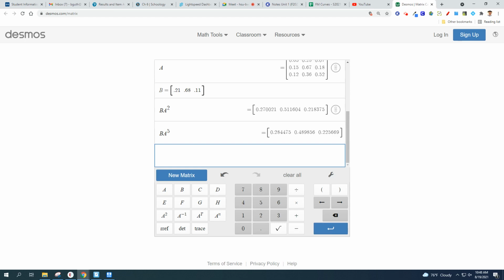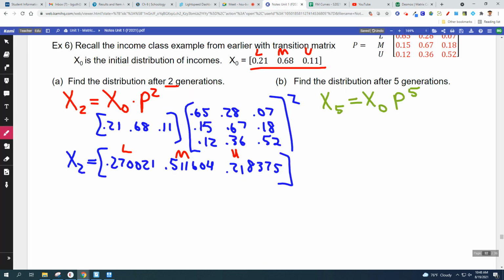Almost done. Let me finish up. I don't know if I'm going to have room, though. It was 0.284. Let's just round off here: 0.4899 and 0.2257.